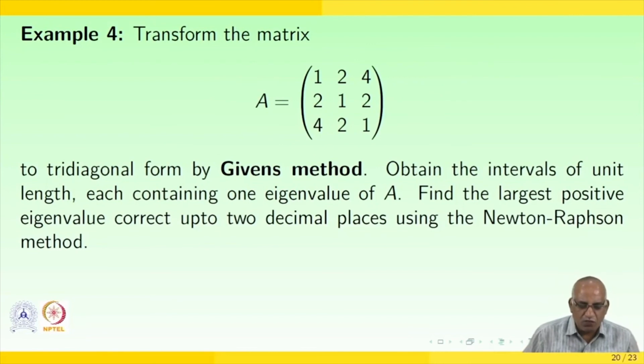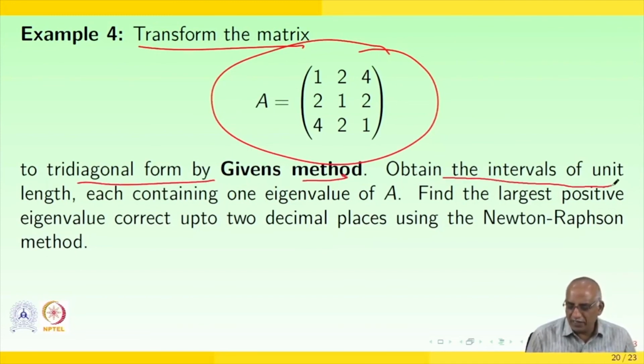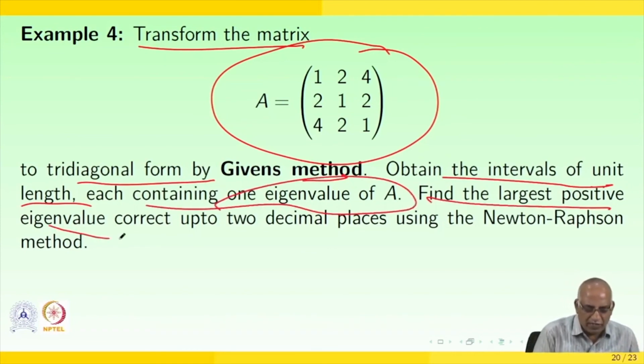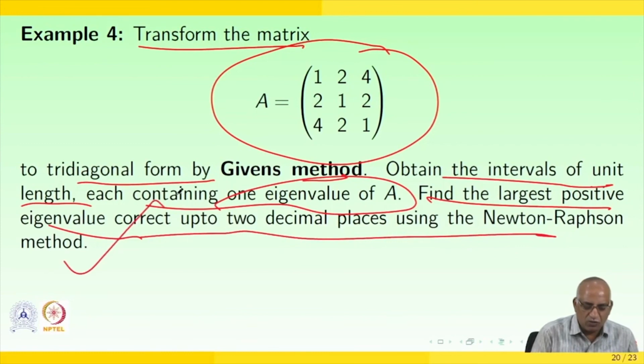Let us look into the fourth example. Let us transform this 3 by 3 matrix to a tridiagonal form by using the Givens method. Obtain the intervals of unit length, each containing one eigenvalue of A. Find the largest positive eigenvalue correct to 2 decimal places, let's say using the Newton-Raphson method.